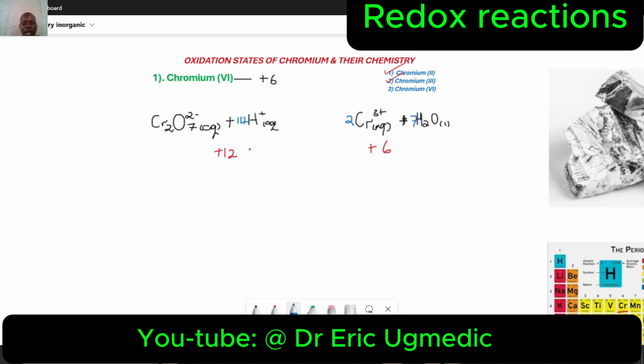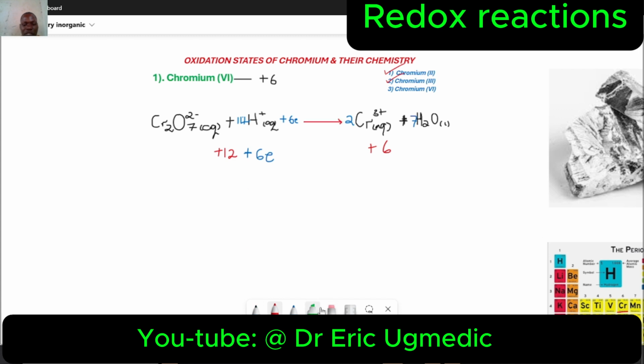I'll add the electrons to my left hand side so as to reduce it by 6. So I have to add 6 electrons, so that I reduce this charge by 6. So I'll add 6 electrons, and I'll have that equation well balanced. So I can put now my arrow.